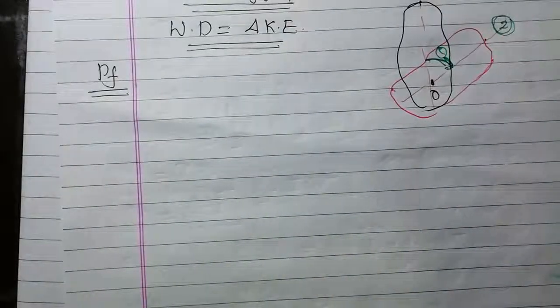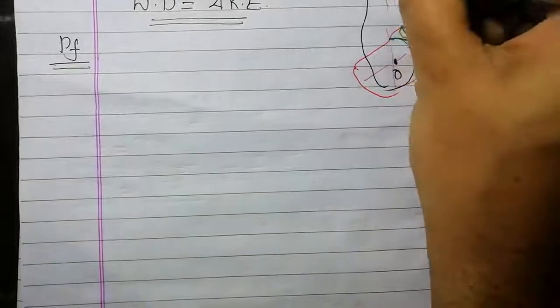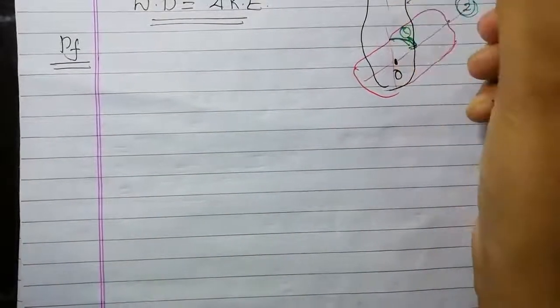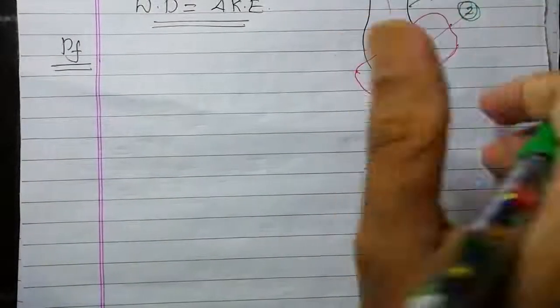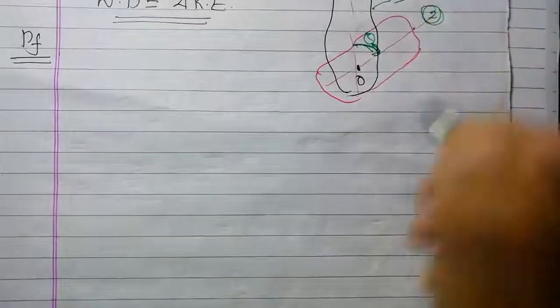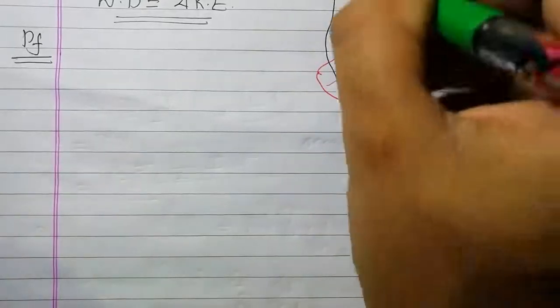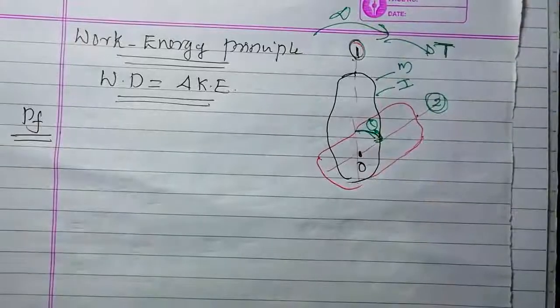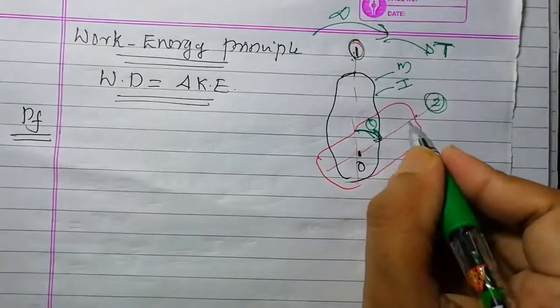For that, consider a rigid body having mass m and moment of inertia I, and the total resultant turning effect, the torque, is T. Also the angular acceleration is alpha. 1 is the initial position and 2 is the final position.